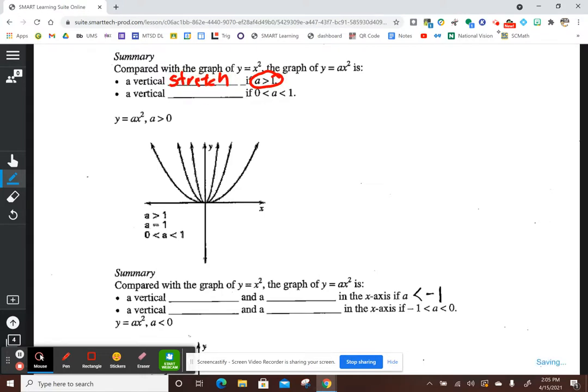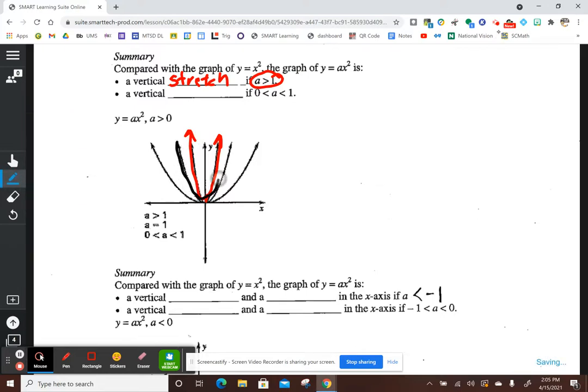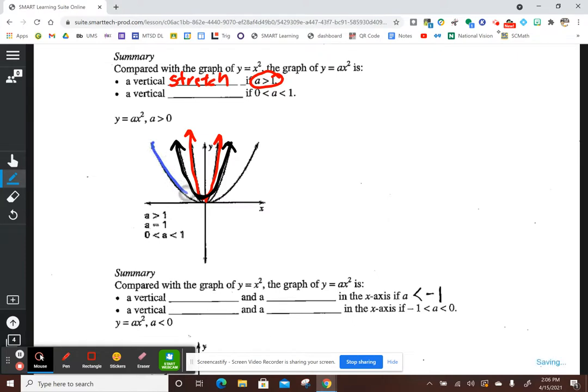And when it stretches, it gets narrower. So that is your stretch. This is the parent function. Okay, so the red is stretching from the parent function. And this is the shrink. So when a is in between 0 and 1, it shrinks. And when it shrinks, it gets wider. So remember, a shrink gets closer to the x-axis and a stretch gets further away from the x-axis.